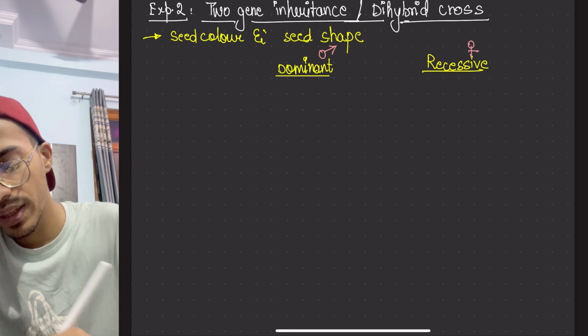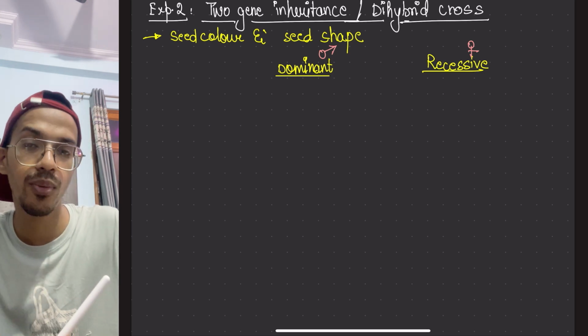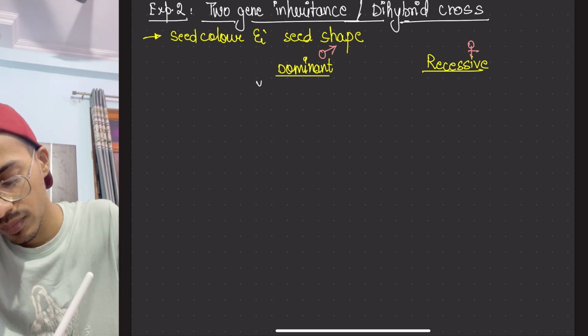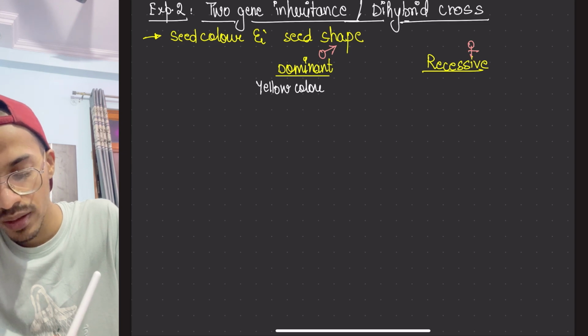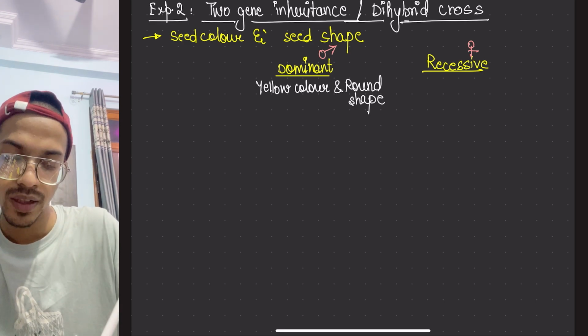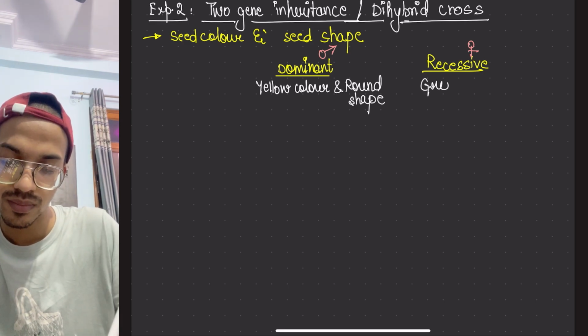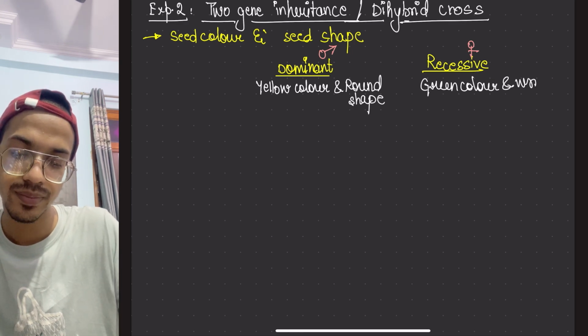The dominant parent would be: seed color which is dominant is yellow, and shape is round. This is the dominant character. What is the recessive one? Green color and wrinkled shape.